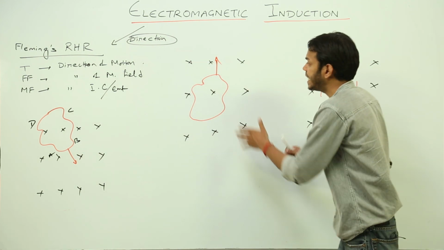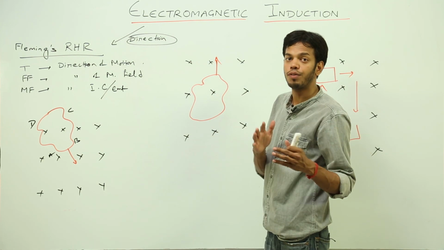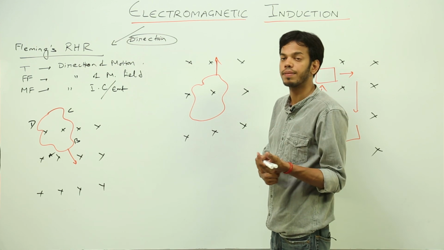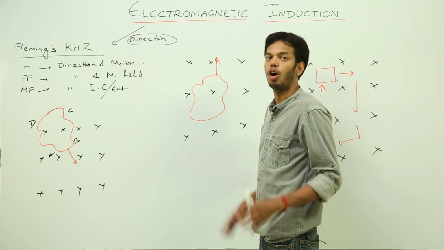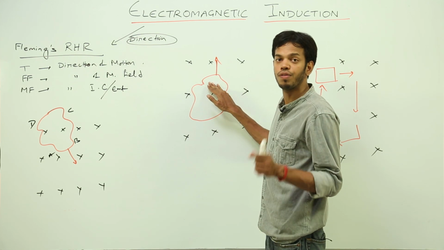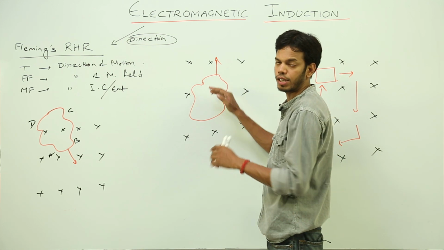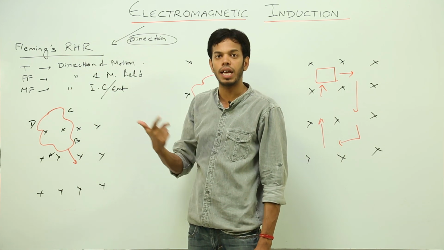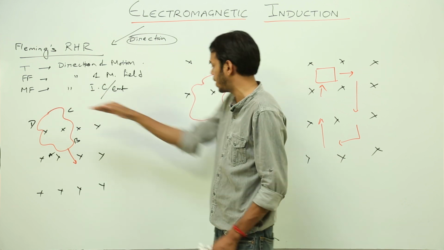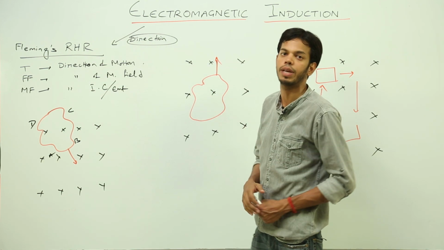And when it is leaving, then you have to consider which part? Not the last part, again the first part, the one which will be first going out of the magnetic field. So it is always the first part. You don't have to apply the right hand rule for the last part. Just do it for the first part and your answer will be right.